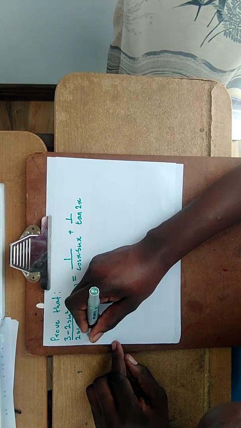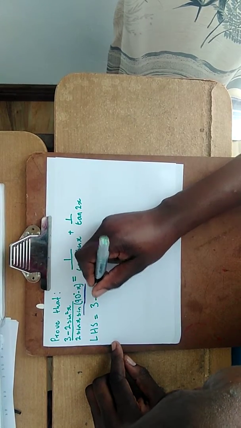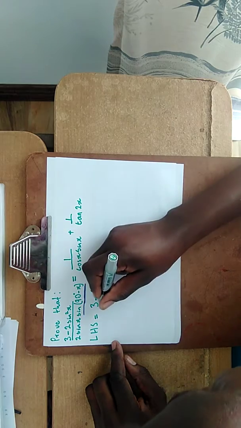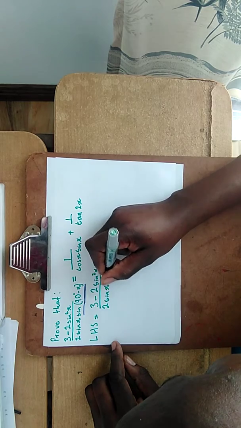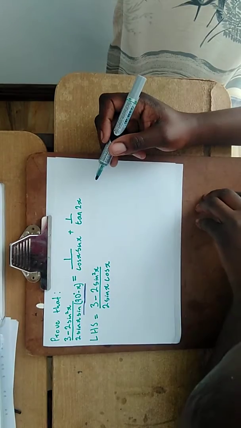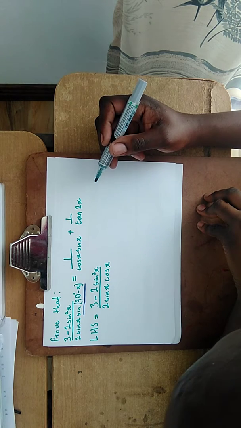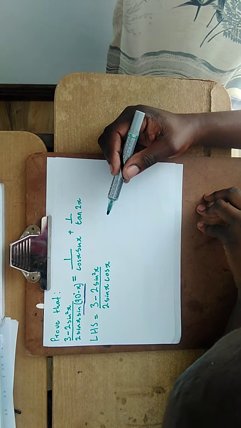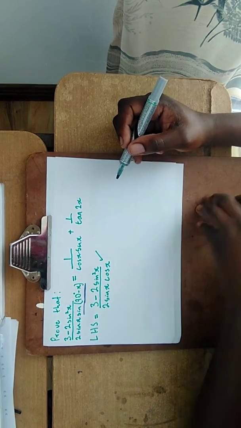Therefore, we can start by saying that left hand side equals 3 minus 2 sine squared x over 2 sine x cos x. Right. Then when I look at my left hand side, I think that we don't have to prove this further, because it's not more complicated, it's less complicated. So we leave it as it is and then we go to our right hand side.